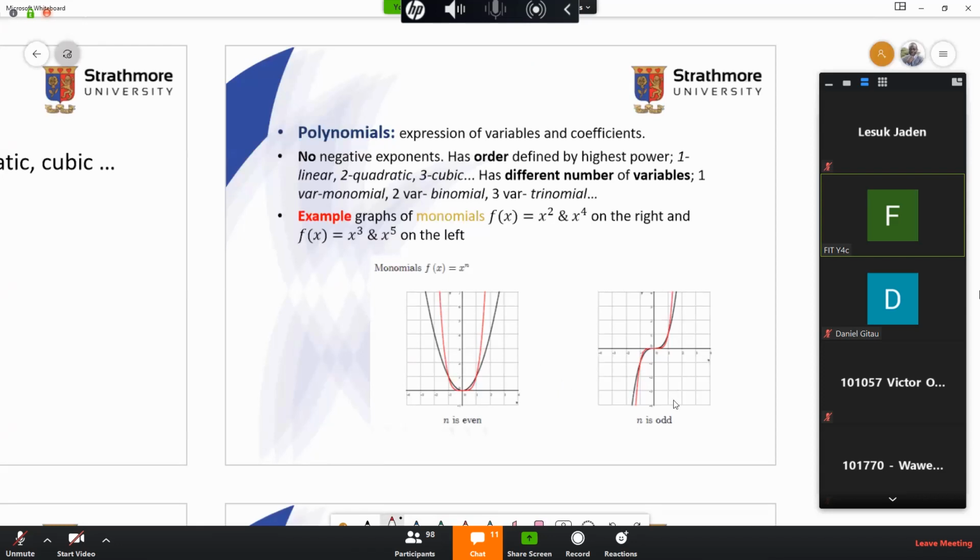So you can actually start to see the shape of these functions like polynomials. Okay, so in a polynomial, there is an order. Okay, it can be linear.